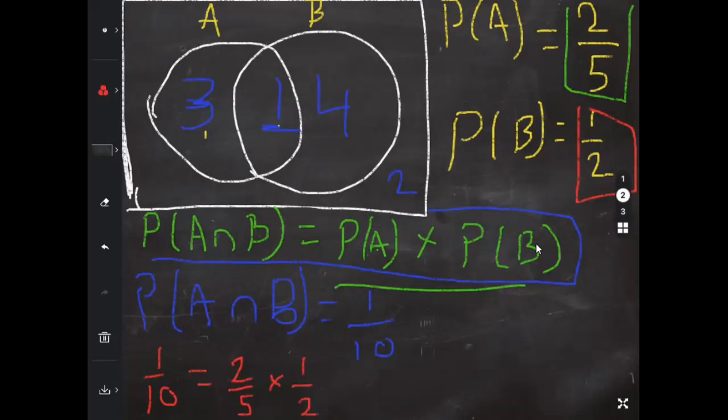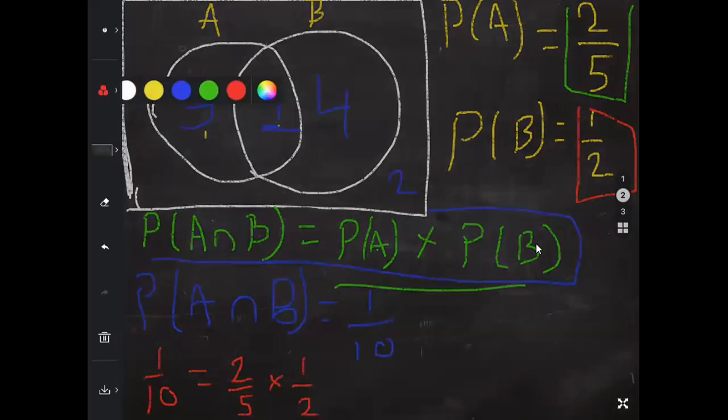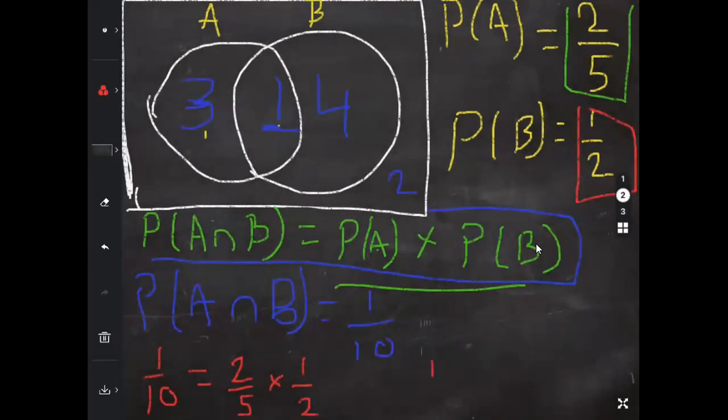When we multiply fractions, we do the top two multiplied together, bottom two multiplied together. So does 1 on 10 equal 2 on 10? No, it doesn't. So it's not equal to, which confirms what we got in the first example. So 1 on 10 is not equal to 2 on 10, which means that these values are not independent.